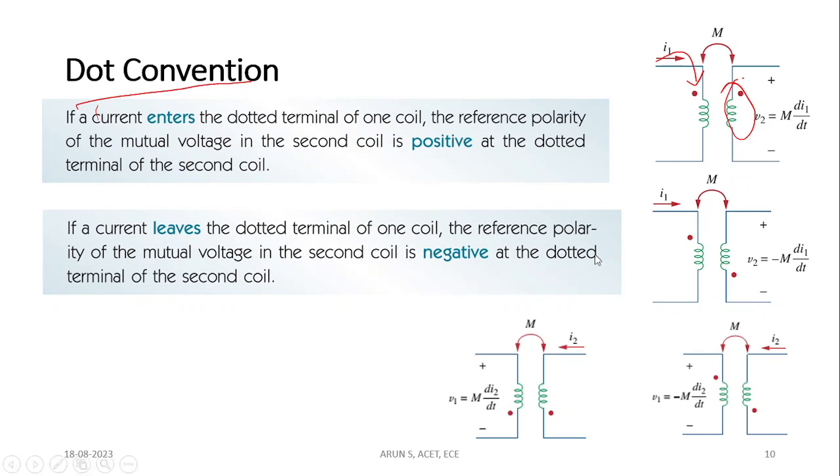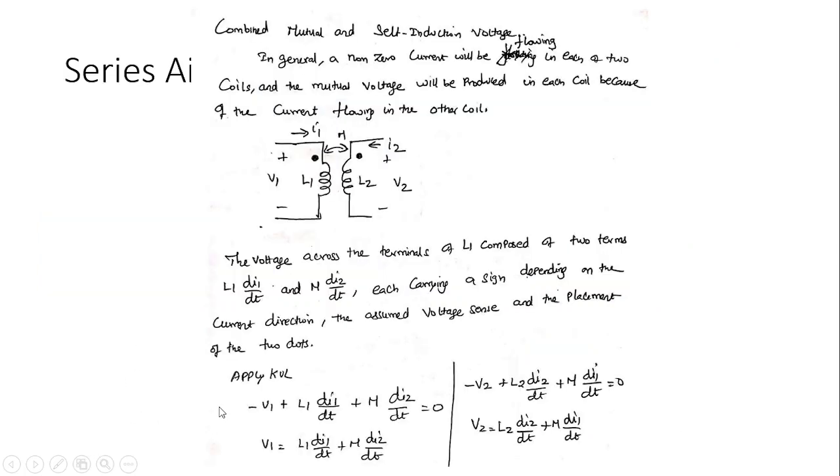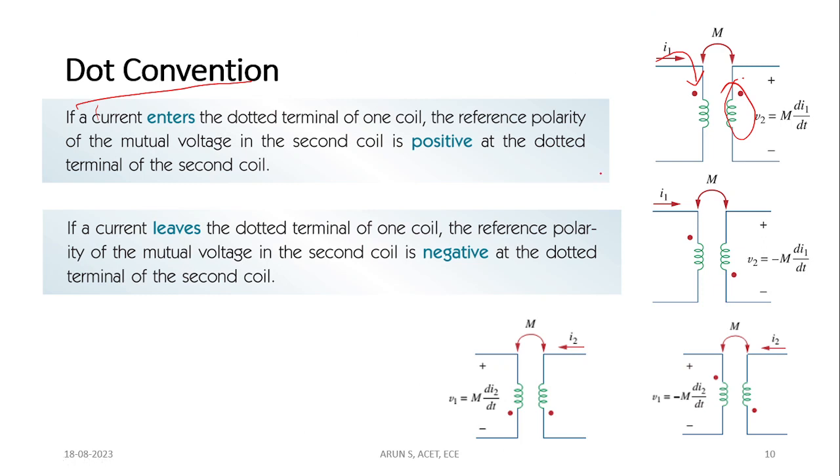In a simple way, current entering the dotted terminal of one coil will induce a voltage in the second coil whose positive polarity will be at the dotted terminal. So negative will be at the undotted terminal.